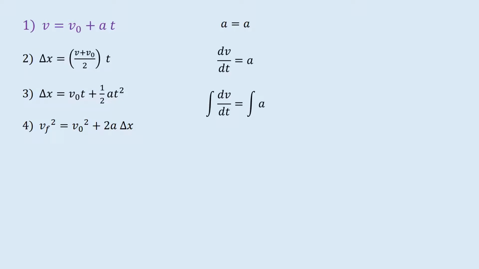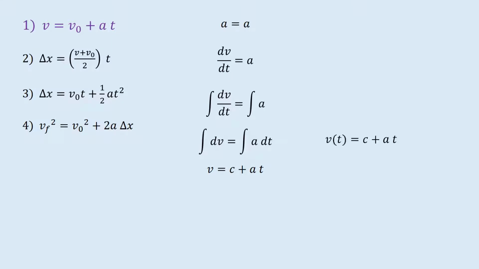You can integrate both sides of the equation, move dt over, and because this applies to time-independent acceleration, acceleration is just treated as a constant here, so you can evaluate these indefinite integrals and get v equals some constant plus at.